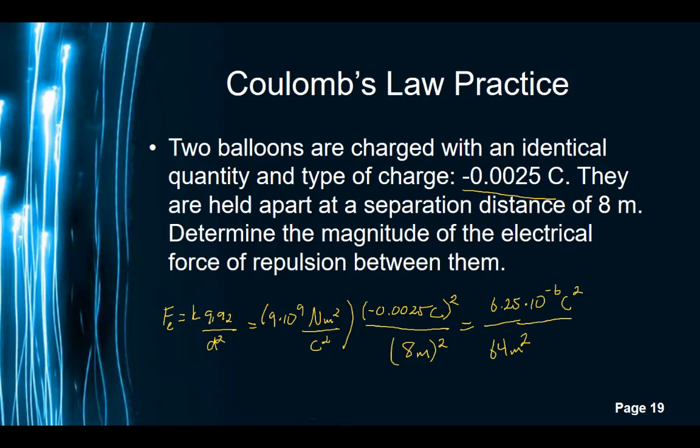Now remember that this is going to be times the constant K. So coulombs squared is going to cancel, meters squared is going to cancel, which leaves us with a unit of newtons. So that's 6.25 times 10 to the negative 6, and we'll multiply that by 9 times 10 to the ninth.